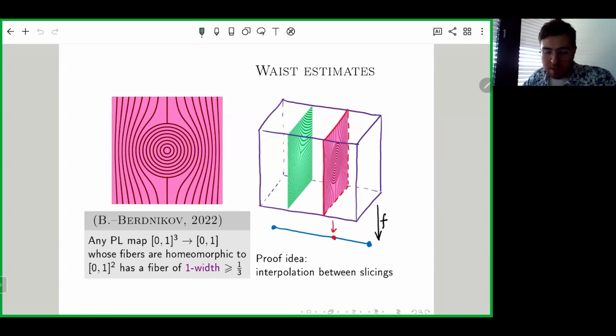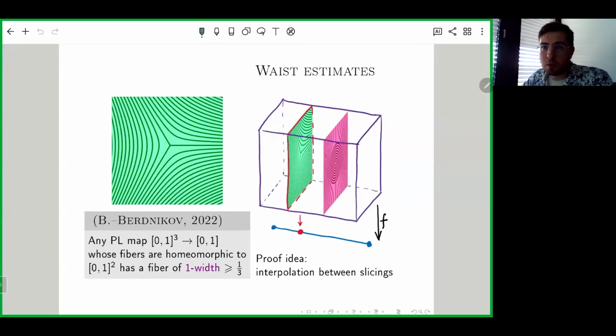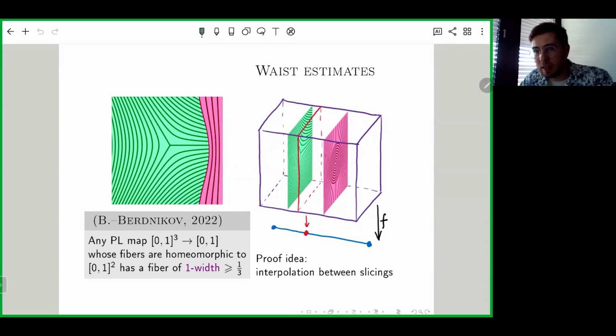So I start with this red slicing, and I want to arrive at the green slicing. They don't look alike. So now I start a certain continuous process, which starts from the green slicing and will finish with the red slicing. Basically, the red slicing just takes over the whole square in the process.